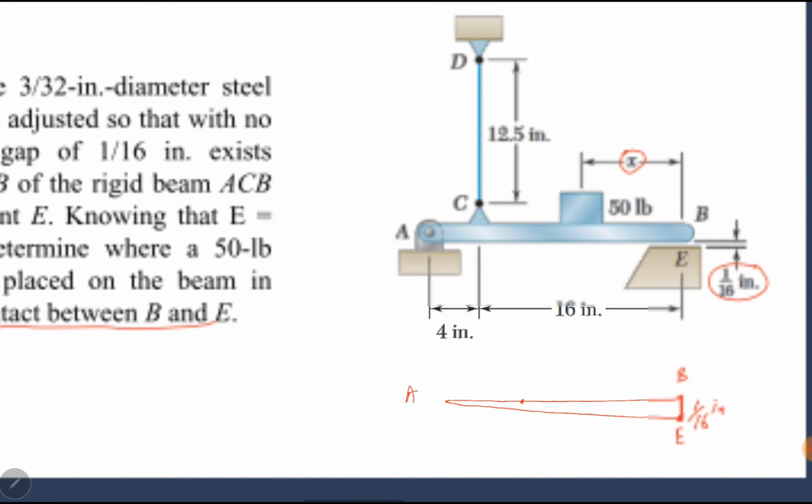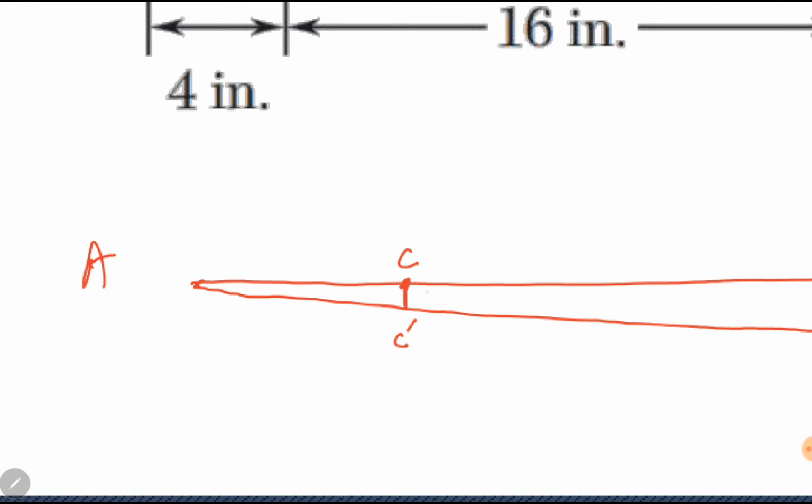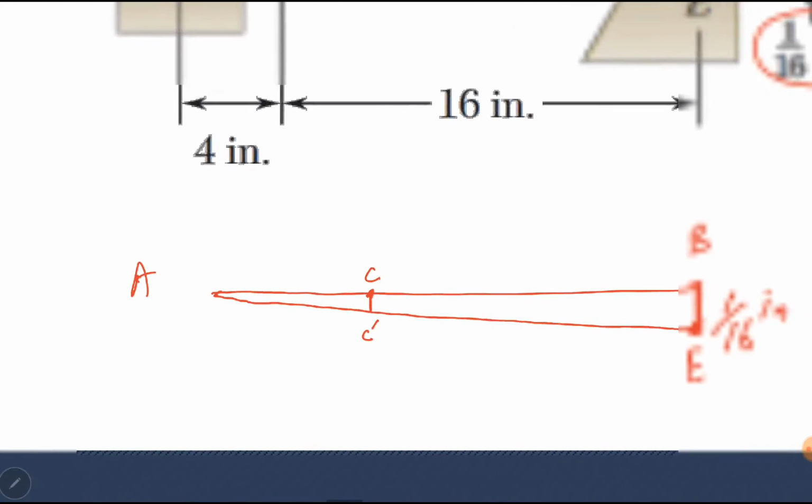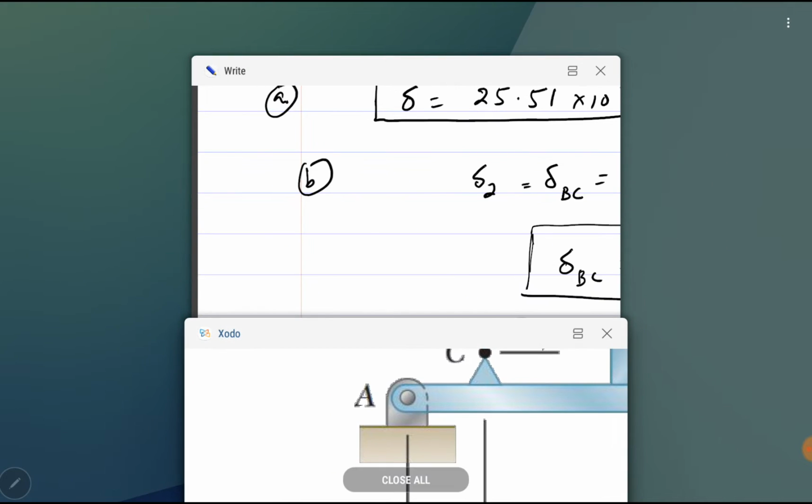It means it has to move down from its current position, so the steel wire CD has to elongate. The elongation will be equal to CC dash. First we want to find this elongation, delta CD. We can find this elongation using similar triangles rules, using trigonometry. I will move towards the solution of this problem.